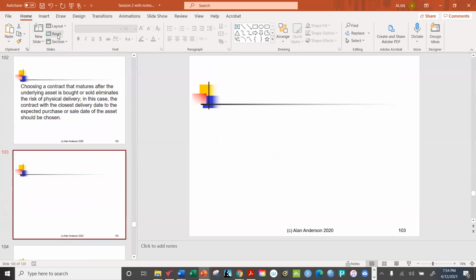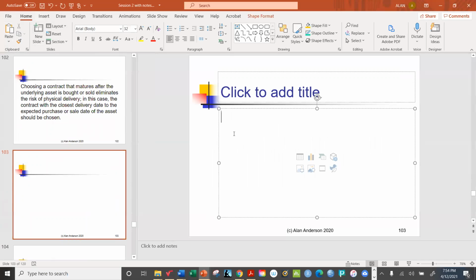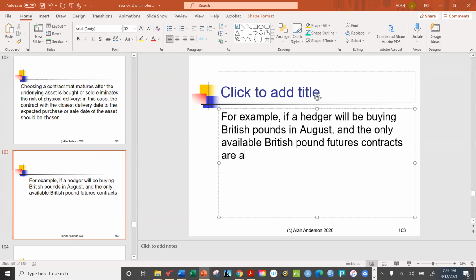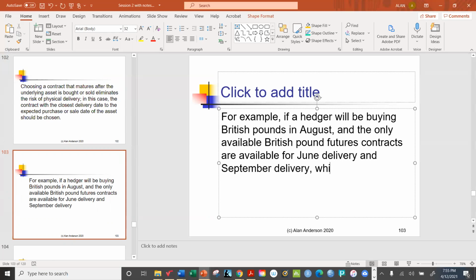Just to make this more concrete, for example, if a hedger will be buying British pounds in August, and the only available British pound futures contracts are available for June delivery and September delivery, which one should be chosen?